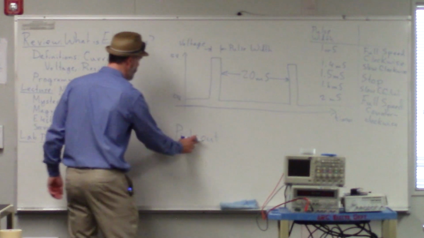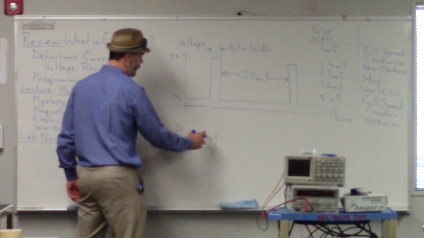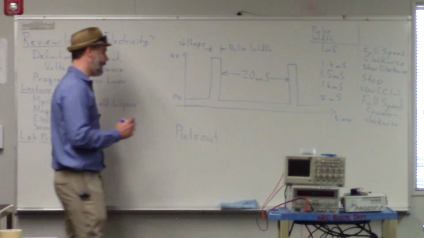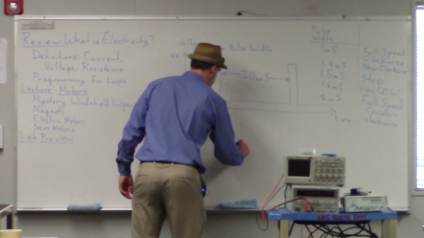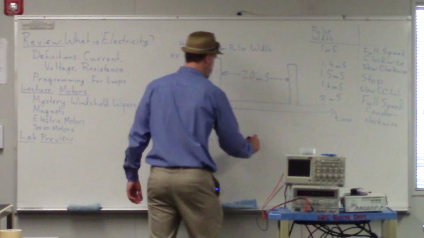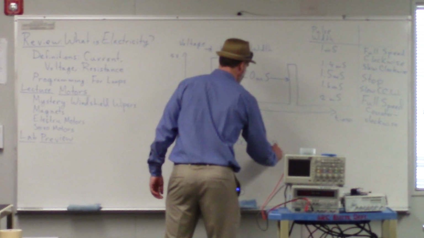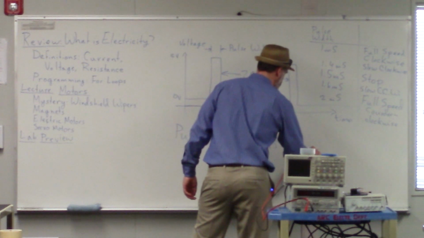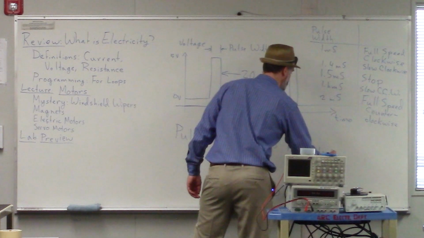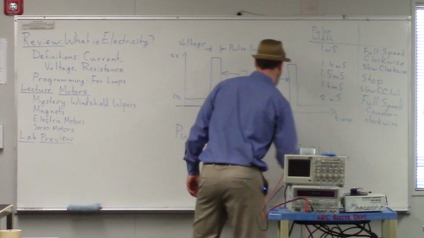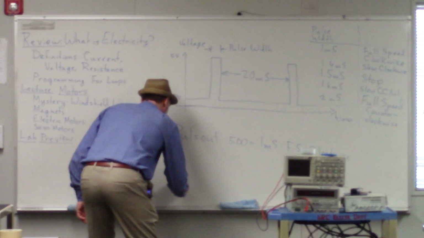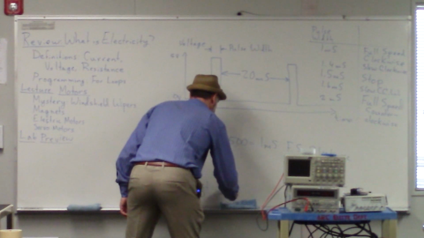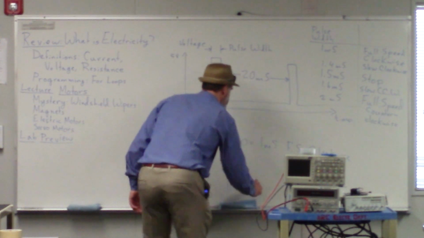P-U-L-S-O-U-T. It should have an E in there for pulse, but it doesn't. And the units are kind of weird on this. So pulse out 500 equals a pulse of 1 millisecond. That would be full speed clockwise. Pulse out 1000 is 2 milliseconds.